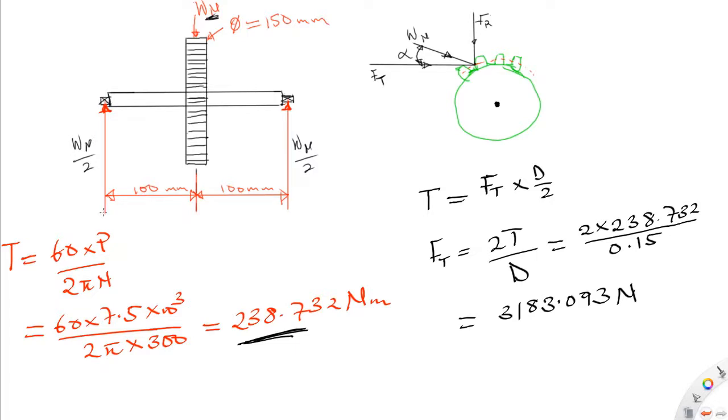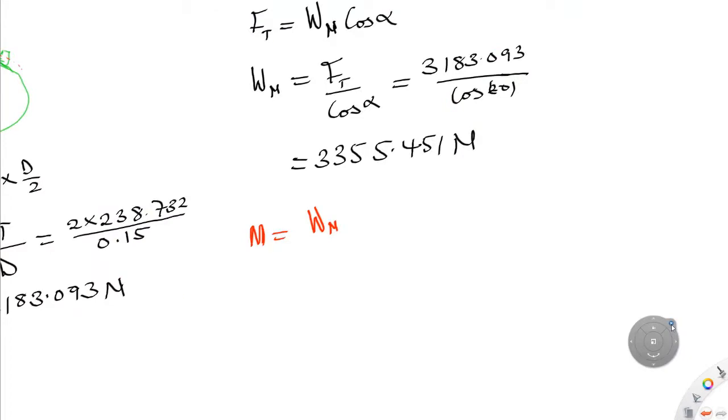If the total length of the shaft is L, which is equal to 200, then half of that, L on 2, times the reaction Wn on 2, gives Wn times L divided by 4.